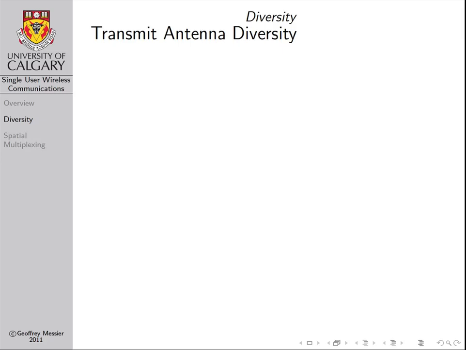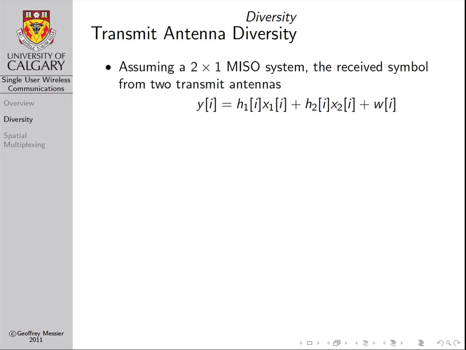To illustrate how Alamouti coding works, let's consider a 2x1 multiple input single output system, and the received symbol at the receiver from the two transmit antennas is given by the following equation. If we just take a look at it, the single received symbol sample coming out of our single receive antenna is the linear summation of our two signals from our two transmit antennas. The subscripts indicate antenna number.